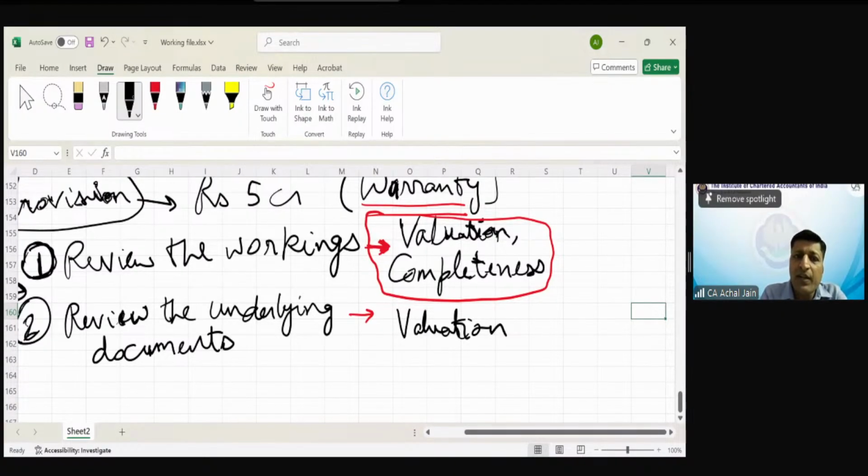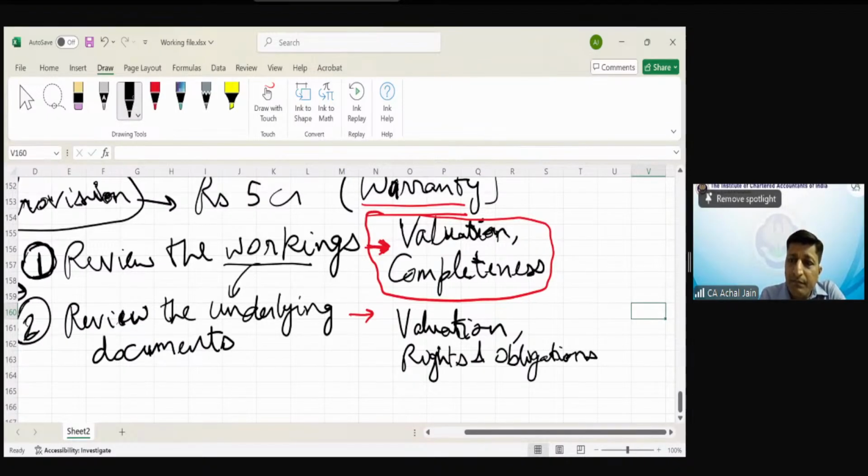In fact, even if you review the workings, you'll have to look at the underlying documents. Yes or no? Yeah. So valuation will of course be there. Other than valuation, rights and obligation should of course be there. Okay, so this should of course be there.